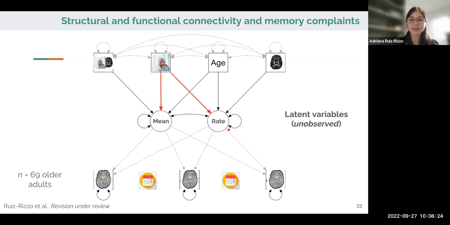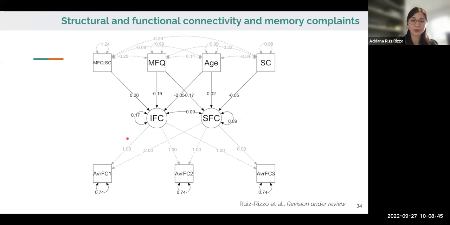We were interested specifically in the effects of memory complaints on the mean and the rate of change in functional connectivity, but also in the effect of the interaction between memory complaints and structural connectivity on the mean functional connectivity. This is what we found.